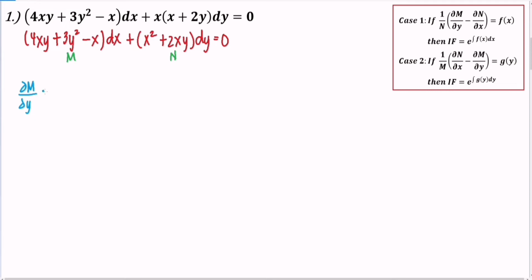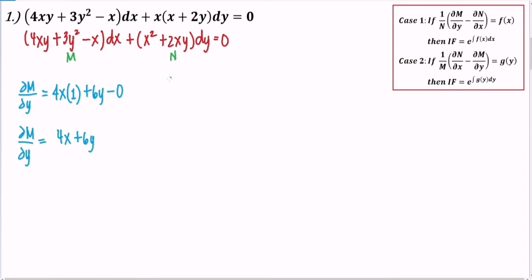So si 4x will be treated as constant, and then yung y dito, i-derivative ko, so derivative ng y ay 1. Then 3y², ang derivative niyan ay 6y. And then yung x natin dito, dahil in terms of y nga, constant siya, therefore ang derivative niyang x na yan ay 0. So ang final partial derivative of M over partial derivative of y natin ay 4x + 6y.